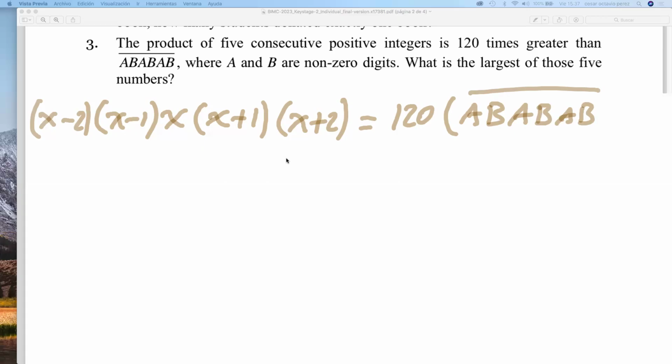Okay, yes, this is a multiple of 5. Wait, we can write this in this way.